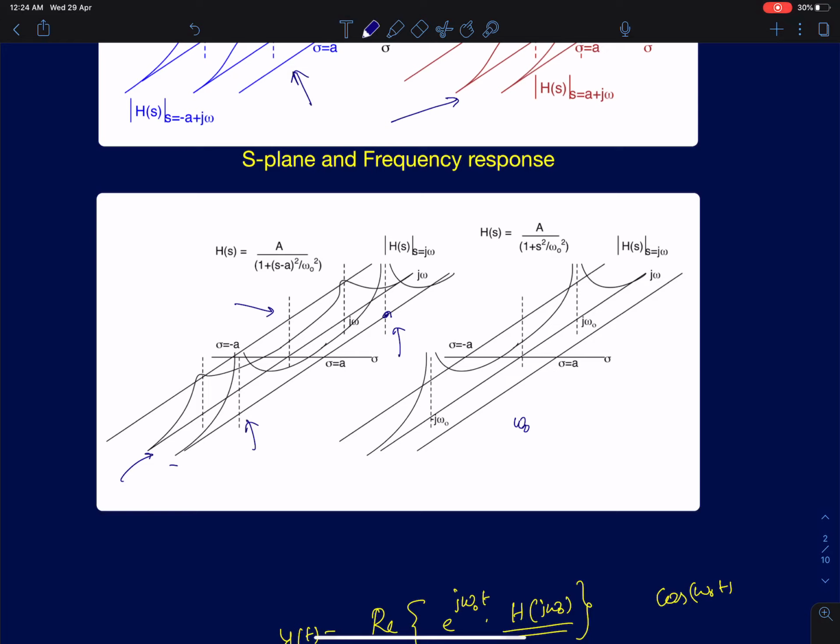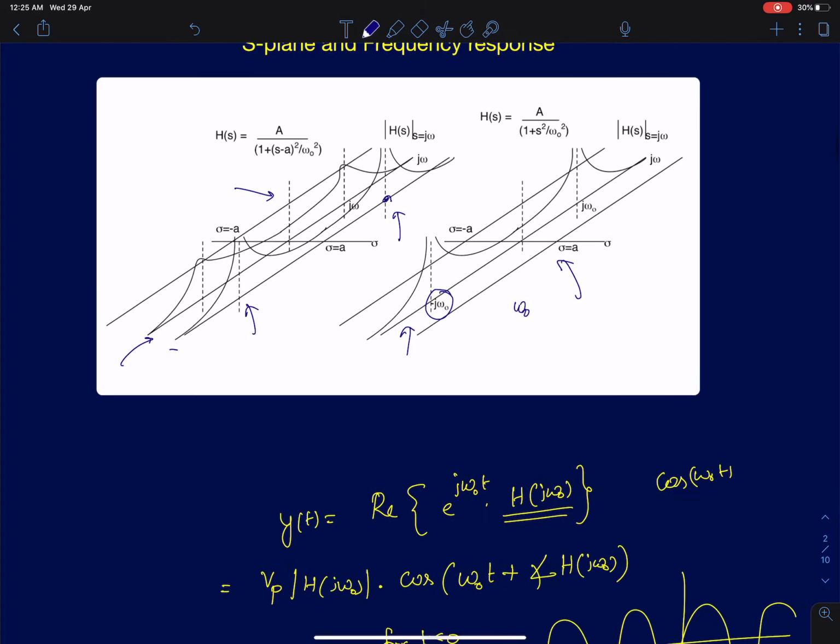In this case here we actually have poles on the j omega axis itself. In that case, if I feed a sine wave of frequency omega naught to this system, you should expect the output to grow unbounded. So now we will do the analysis of all these different kinds of systems by feeding sinusoids and see what happens to them.